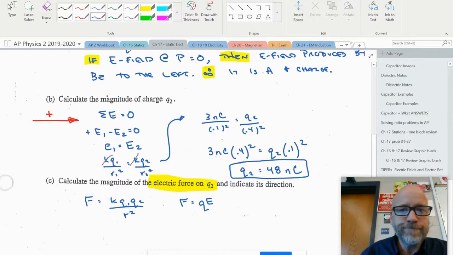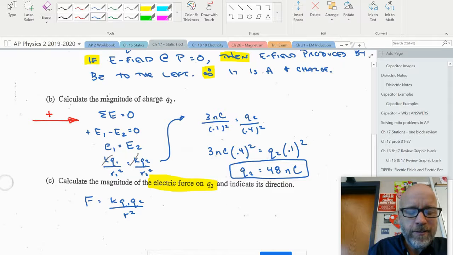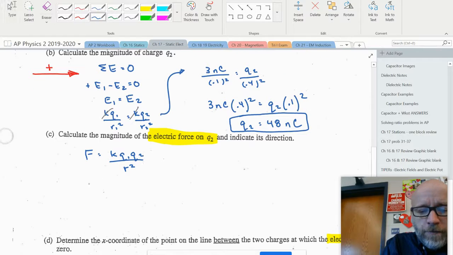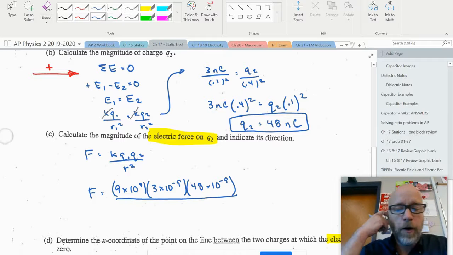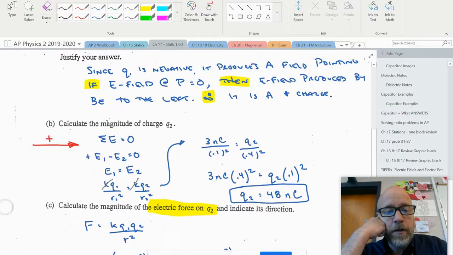But this one's actually a little easier. So to find the force, K is that constant, 9 times 10 to the 9th. Q1 was 3 times 10 to the minus 9. Q2 was 48 times 10 to the minus 9. And then how far apart are Q1 and Q2?